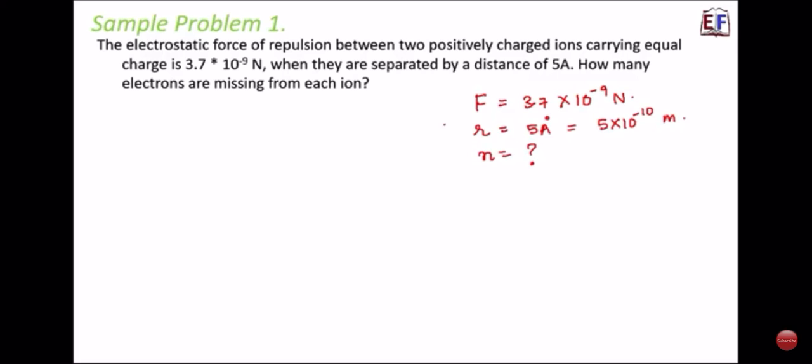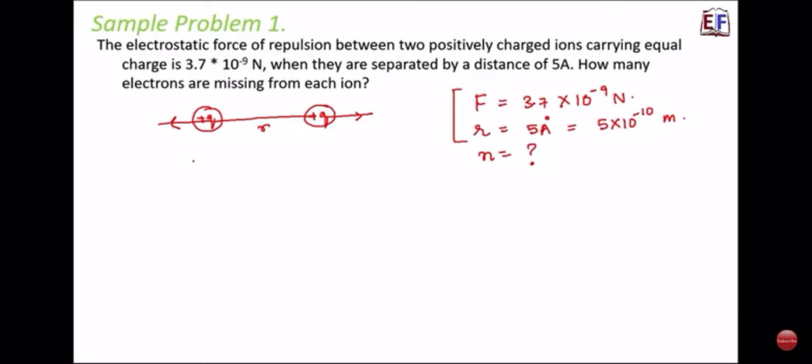So in order to solve this question, our first step would be to find out the value of the charges, because here the situation is such that this is a positive charge, this is another positive charge which is separated by distance r. Now since both of these are positive, they will repel in this fashion. Correct?